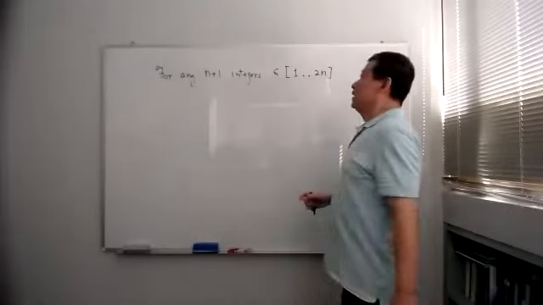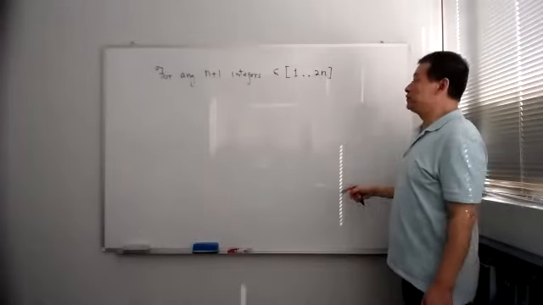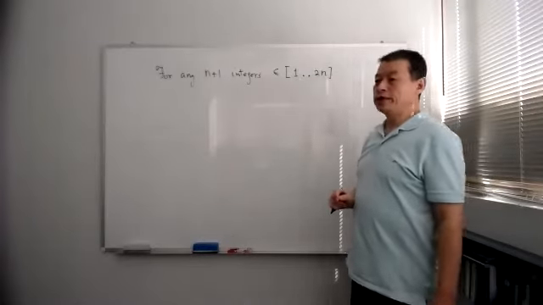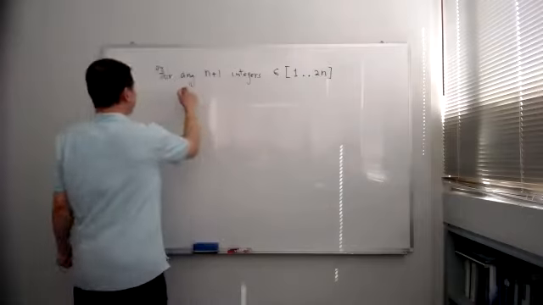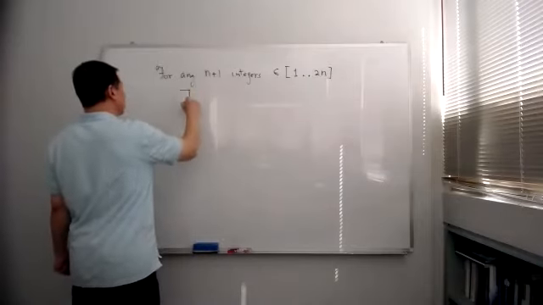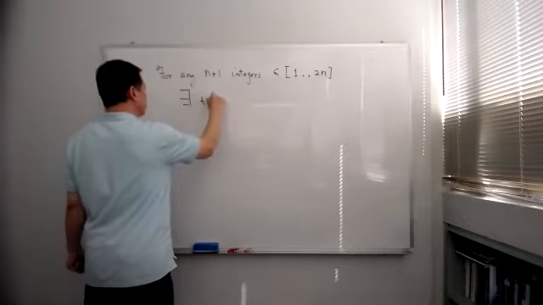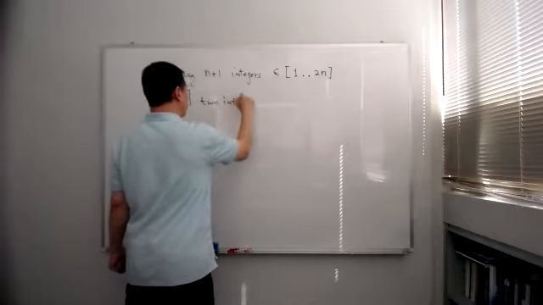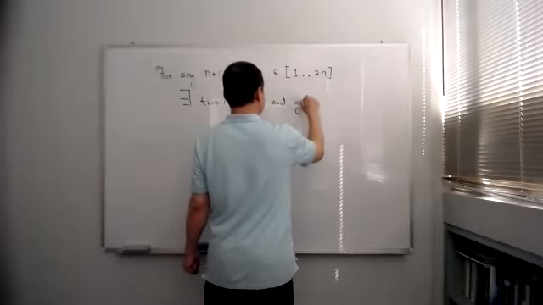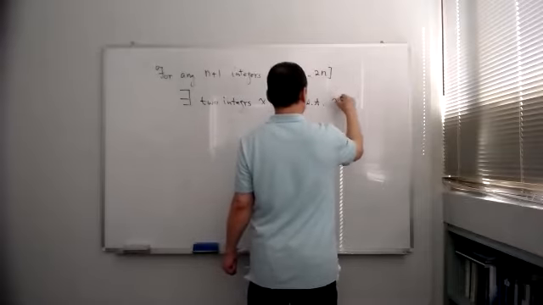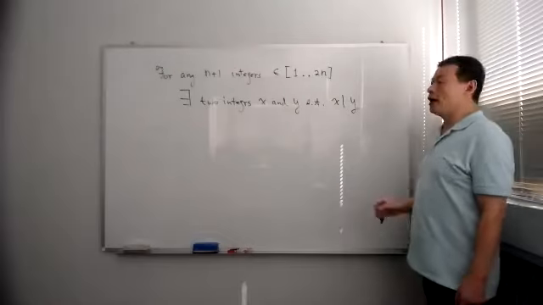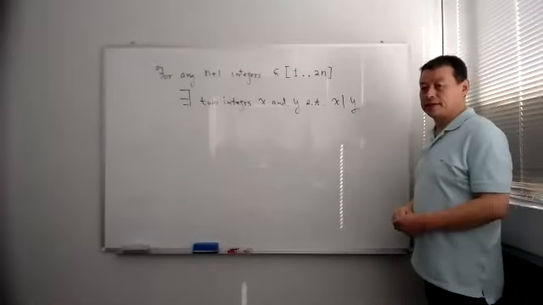If we take n plus one integers from 1 to 2n, then what we can say is we can always find two integers, x and y, so that one divides the other.